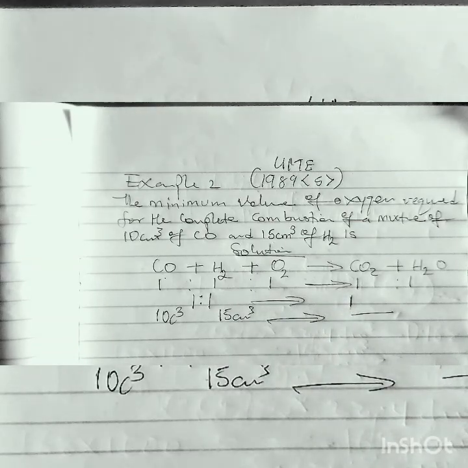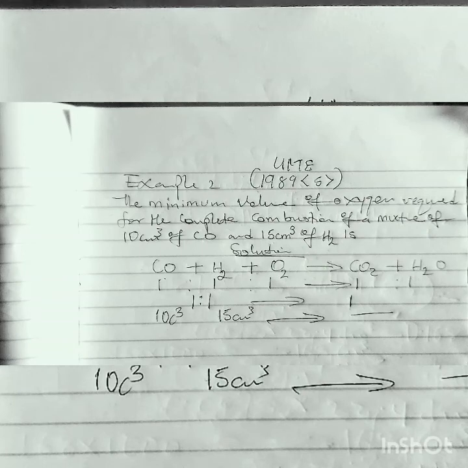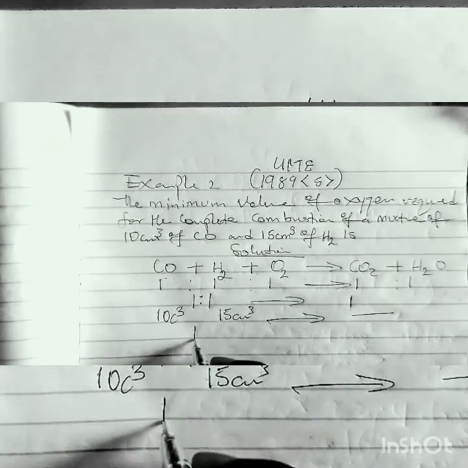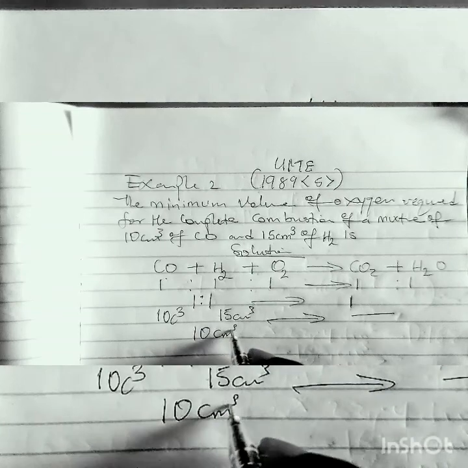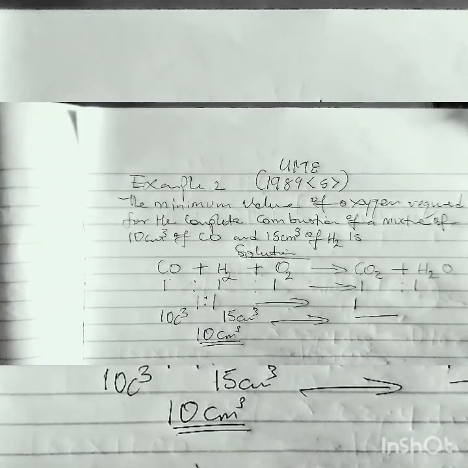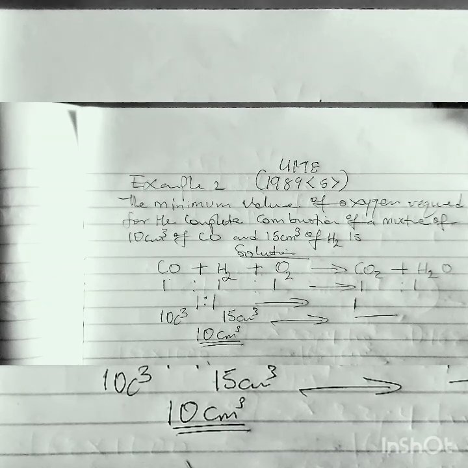So in this place, without wasting much of our time at all, we can see that hydrogen is in excess. So in that case, the answer to the question is 10 cm cube. Take note, 10 cm cube, that is the answer to the question. So what does that require?